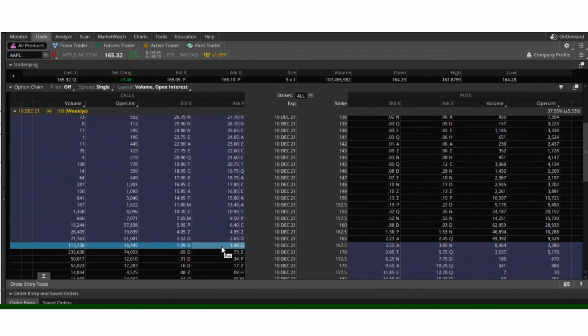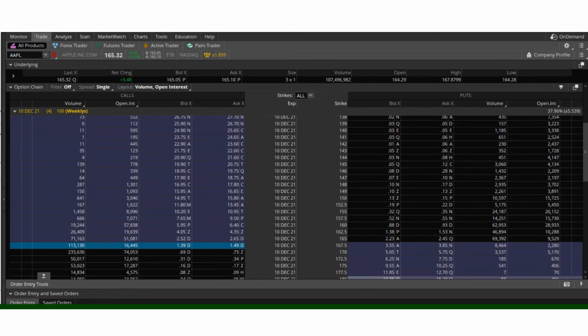The price you would pay would be $1.49 per contract, which is made up of 100 shares. So that would be $149, because you would have to multiply 1.49 times 100. So that's $149.